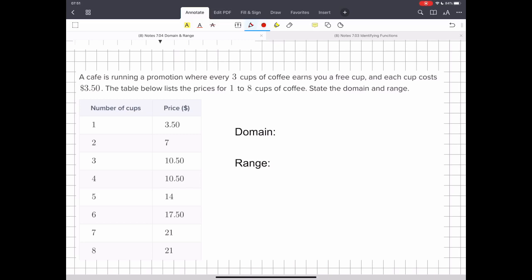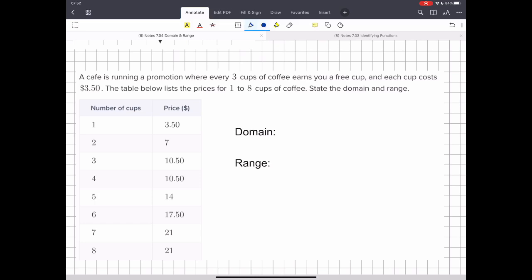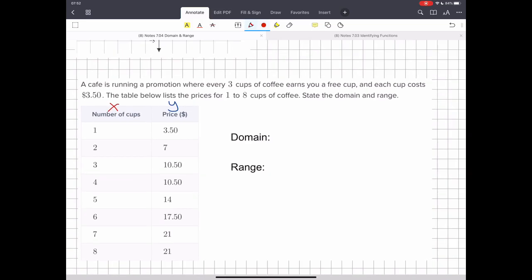And we know that x values are independent variables and y values represent dependent. And in this problem, the price that you pay depends on how many cups of coffee you order. So that means our range, our dependent variable, is the price, and that depends on how many cups of coffee you order. So now we can fill in our domain.